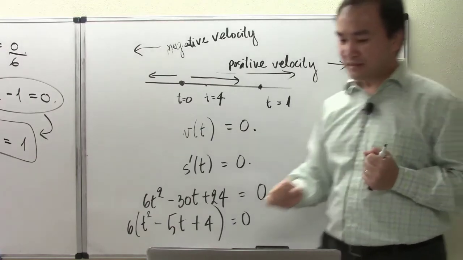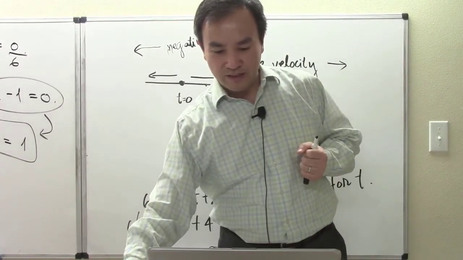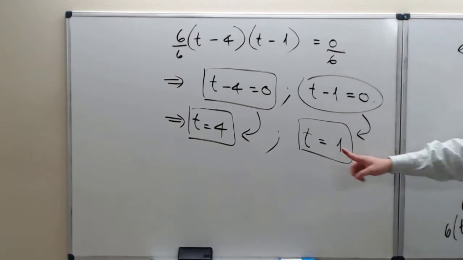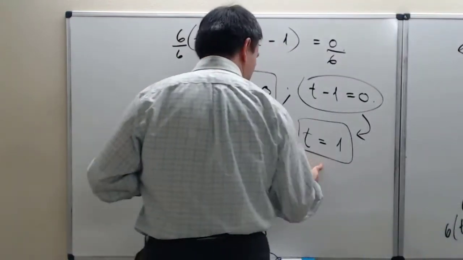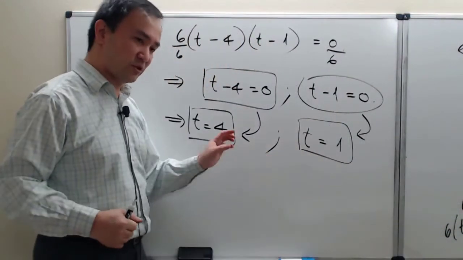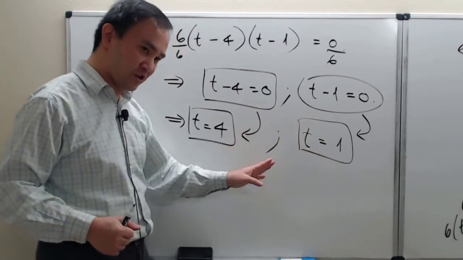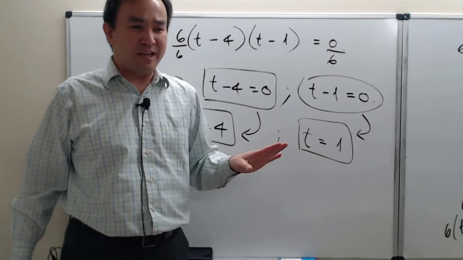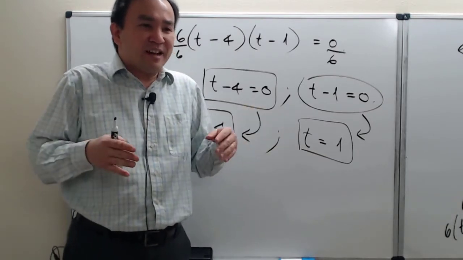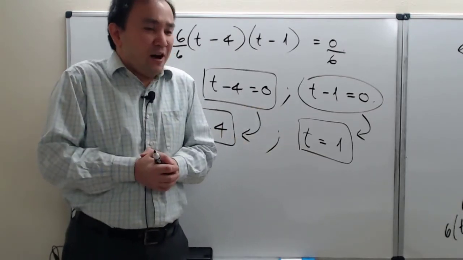Back to what we are seeing here, we have found the two instances where our particle came to a quick, instantaneous stop so that it can change direction. A stop doesn't have to be a lengthy amount of time. It doesn't have to be a rest like I need to stop to take a breath.